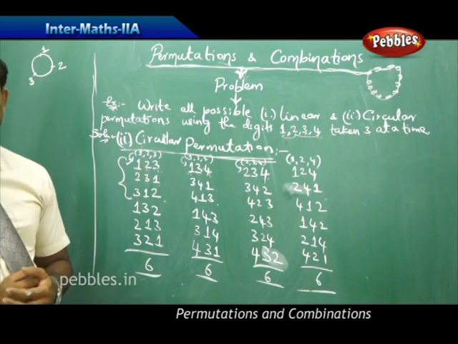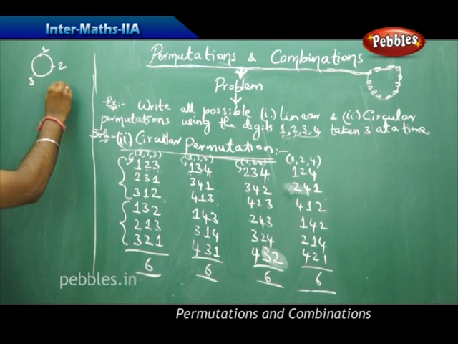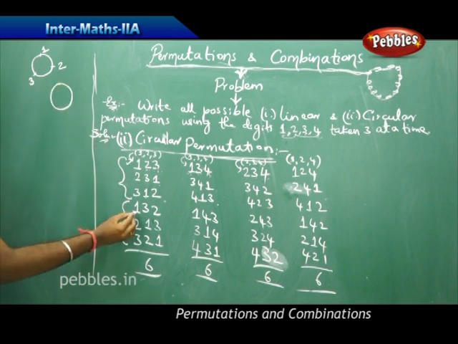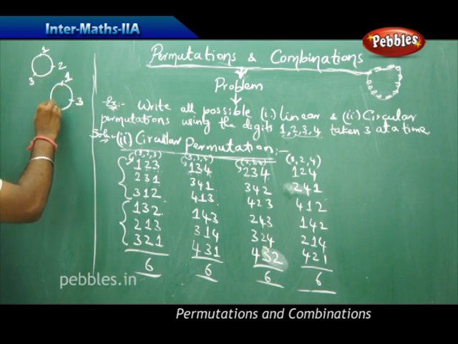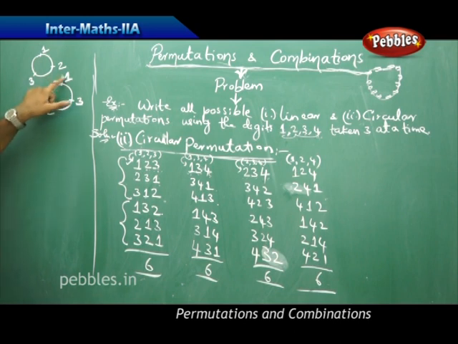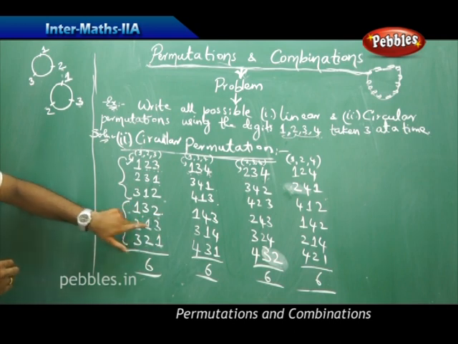Similarly, if I take the permutation 1, 3, 2, I understand this as 1, 3, 2; 3, 2, 1; 2, 1, 3, and then 1, 3, 2; 3, 2, 1; 2, 1, 3.